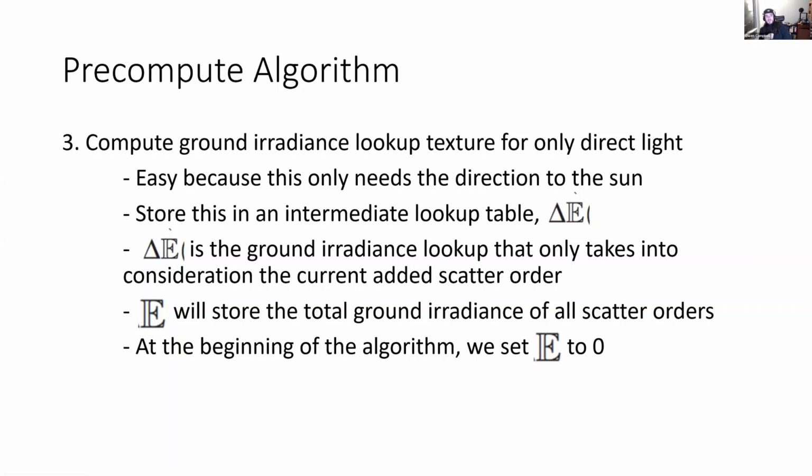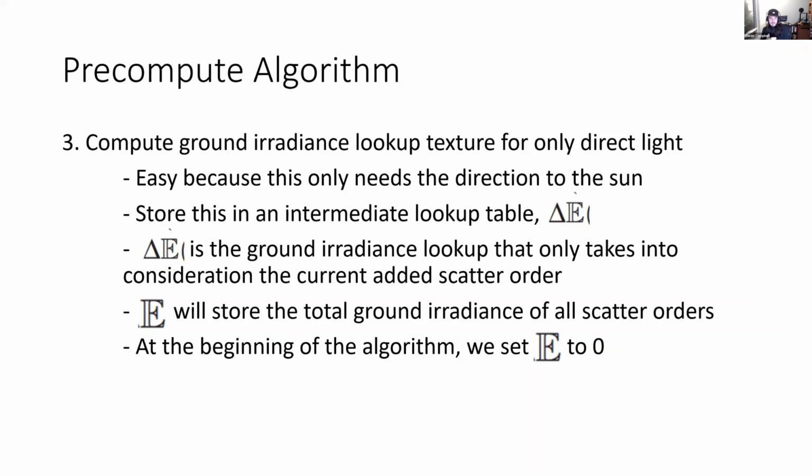Because this table requires the lighting equation to figure out how much light is entering, we're going to have to build it up step by step as well. For each step, we're going to have a table, delta E, which is basically how much it changed from the last iteration.